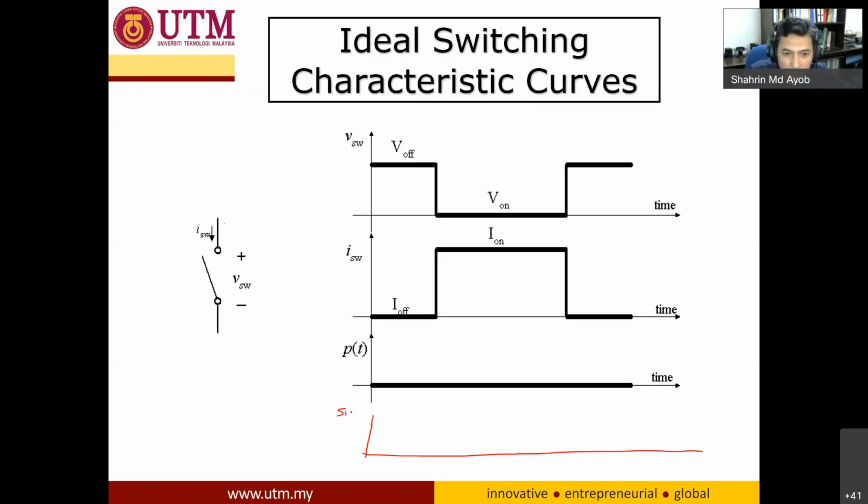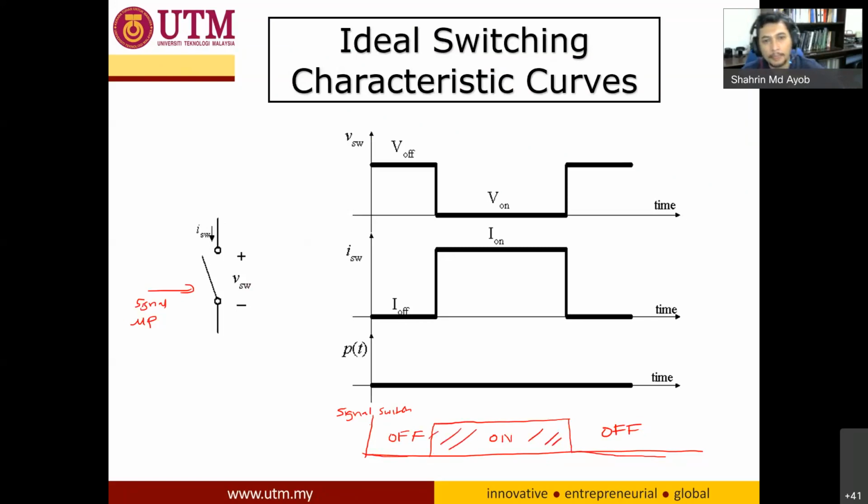This is the switch signal that comes from your microprocessor. So this is on, and this is off. This is the signal off, and then this is the signal on, so that you can see the relationship.